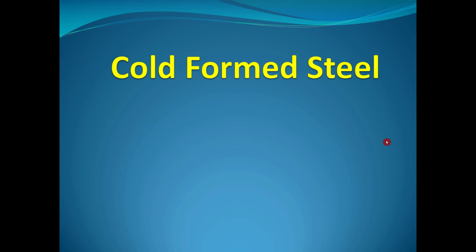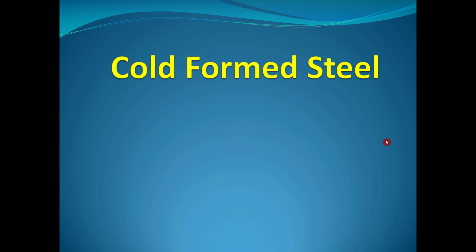In the case of cold form steel sections or members, initially we have a cold formed steel sheet which has a slightly different chemical composition to that of the hot rolled steel, which facilitates easy bending of the member.